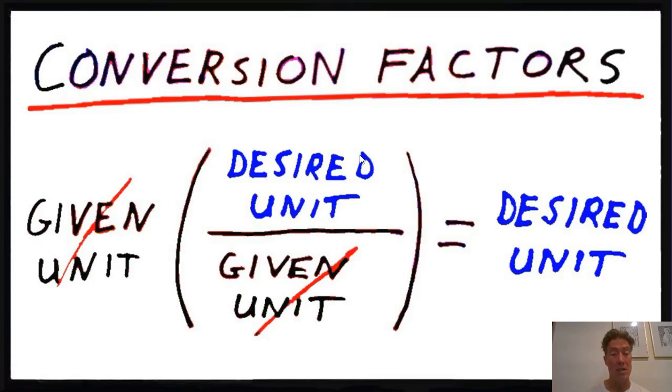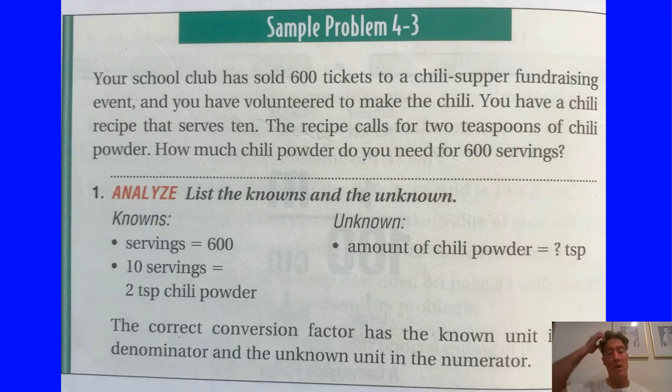That's what conversion factors do. They can change units. So here is a sample problem. All right, 600 tickets to a chili supper. You have to make chili. You have a recipe that serves 10. And it calls for 2 teaspoons of chili powder to serve 10 people. How much chili powder do we need for 600 servings? Okay, analyze. We're just going to write down our knowns.